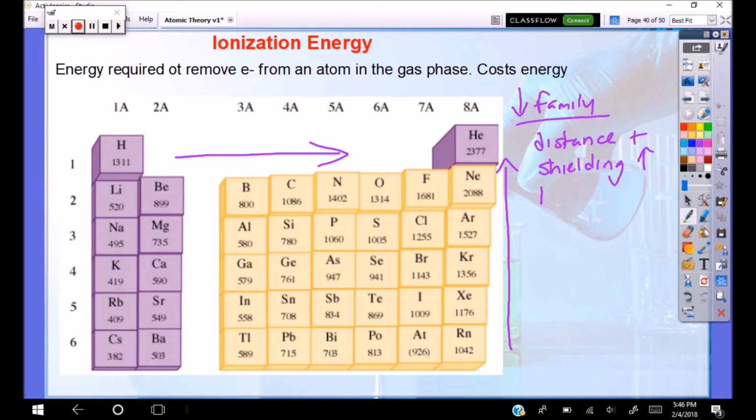And so our energy, I'm going to abbreviate it E, is going to decrease. So you'll see it's really easy to remove an electron from something like cesium compared to things that are higher up in the same column.